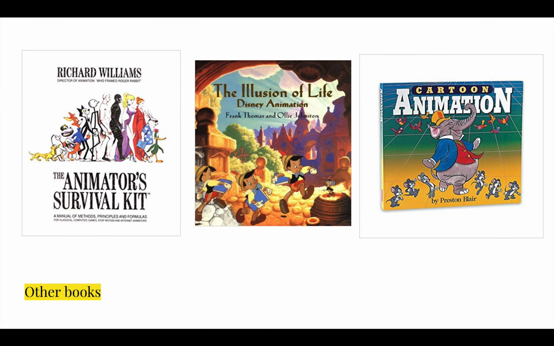If you're interested in learning more, all of these projects and some of the topics that I talk about come from these three recommended books: Richard Williams' Animator Survival Kit, The Illusion of Life, and Cartoon Animation by Preston Blair. These are all industry standard books that are fantastic and go a lot more in depth in the techniques of traditional animation.